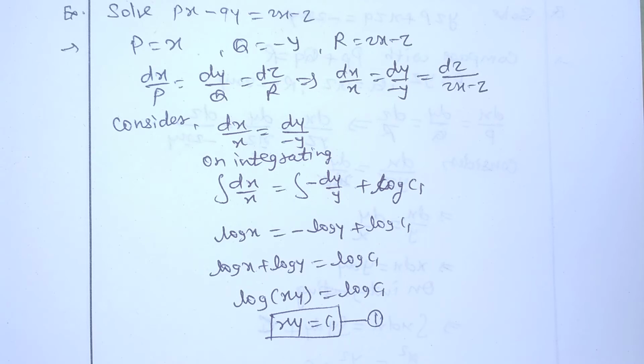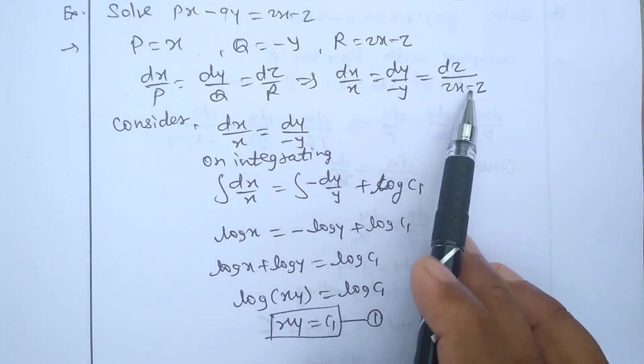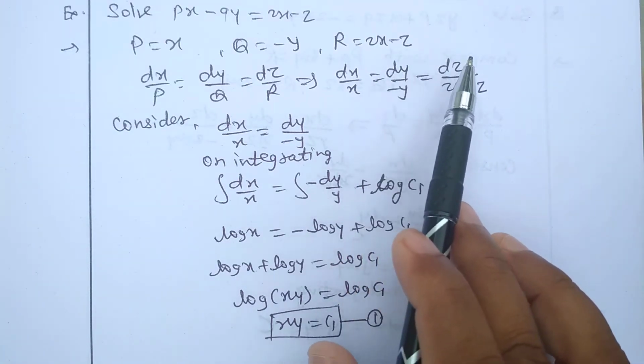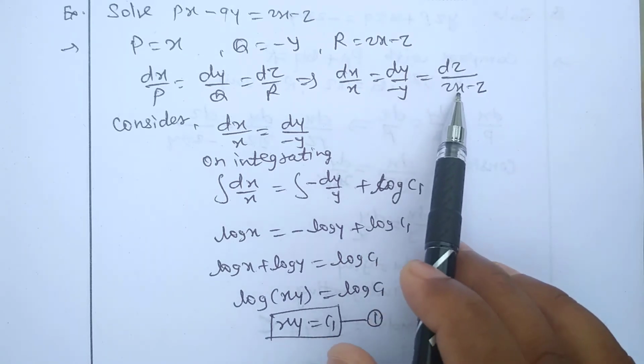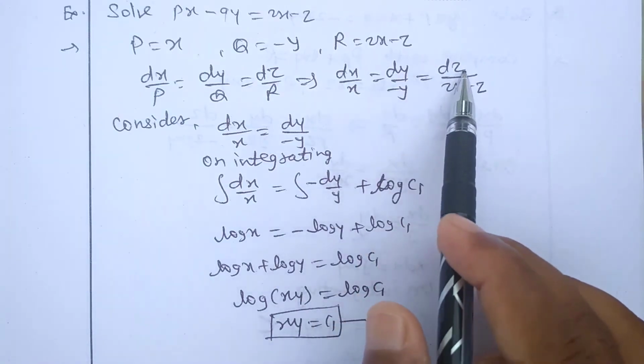Now to find the second solution, we can't consider second and third group, because in the numerator dy and dz, that means the dx term is absent, but in the denominator this x is present here, and we can't cancel out this, so don't consider second and third.